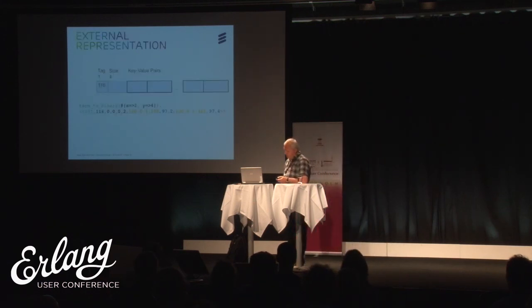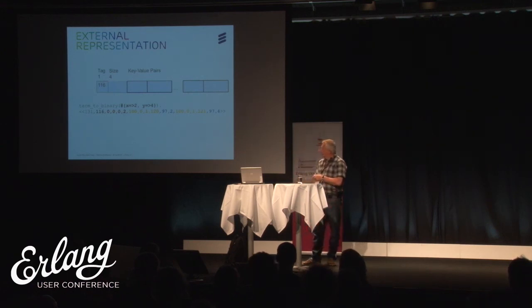The external representation, when you send the map over the Erlang distribution, for example, goes like this. There's a new tag for map with a 4-byte size field, size meaning the number of key value pairs. And then you get the key value pairs, the key and the value with their respective representation.